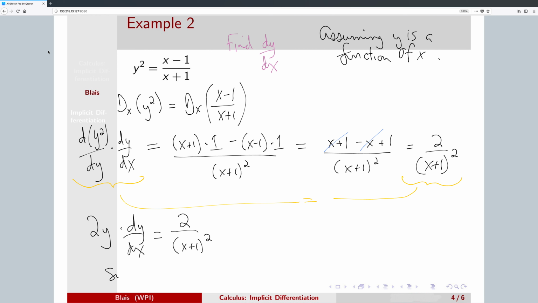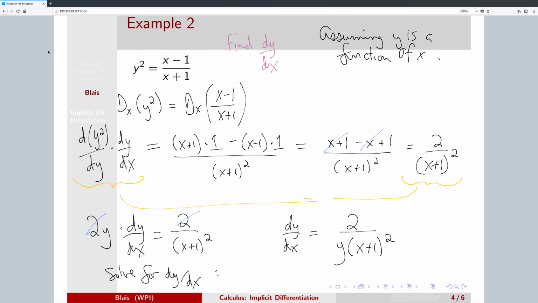And now we solve for dy/dx. We divide both sides by 2, and these 2's will cancel. And so we get dy/dx is 2 over, and it looks like we have to divide both sides by y, 2 over y times (x plus 1) squared.